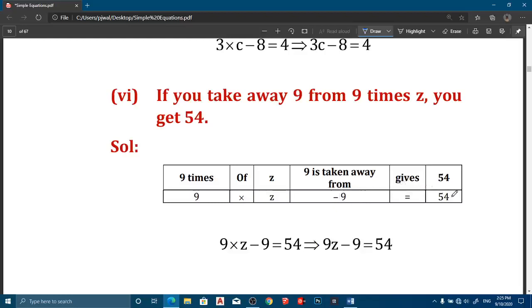You will get 54, and getting means equal to 54. So it is 9z minus 9 is equal to 54. If you take away 9 from 9 times of z, you will get 54. So this is the meaning of the equation.